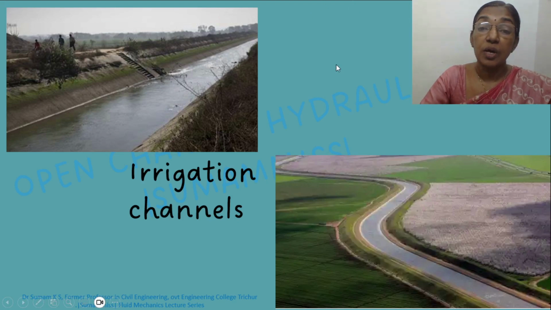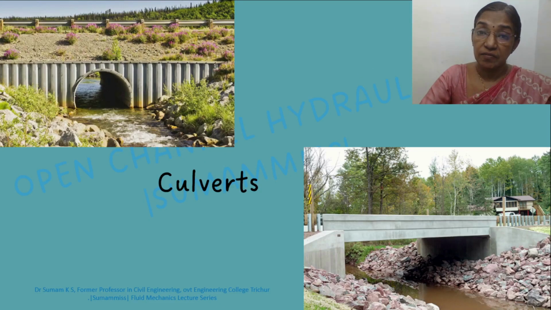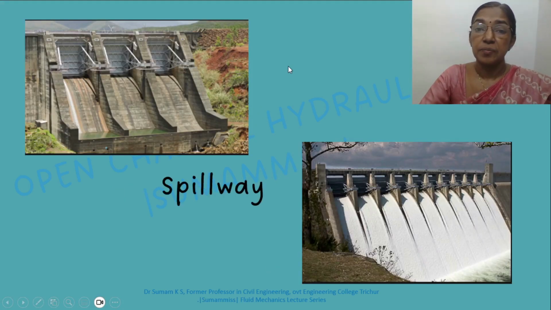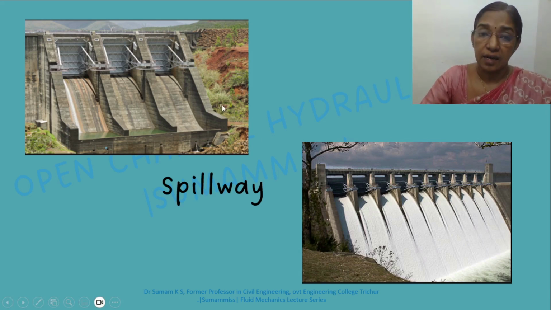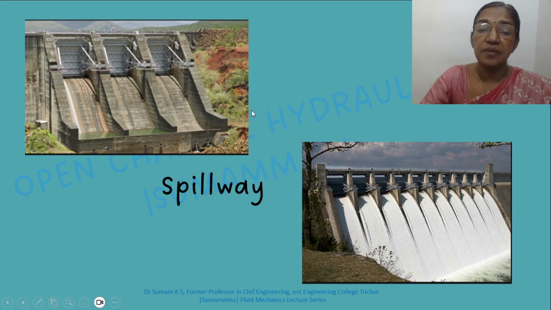Hence, the knowledge of open channels is very much essential for the construction of hydraulic structures which affect the day-to-day life of the common man. Examples are spillways, culverts, weirs, dams, bridges, etc. What is a spillway? Spillway is the structure constructed either as part of the dam or found just beside one.